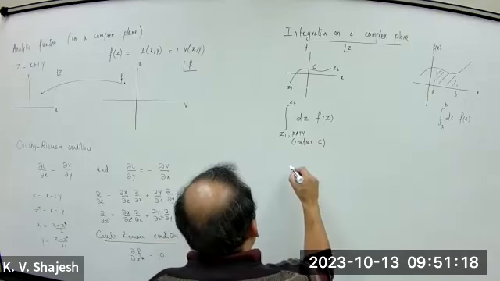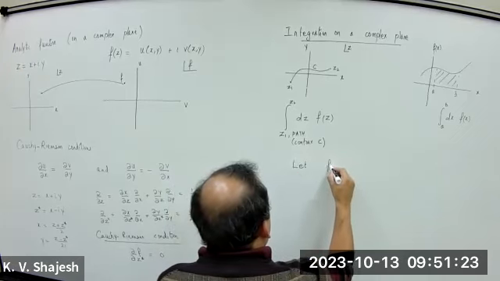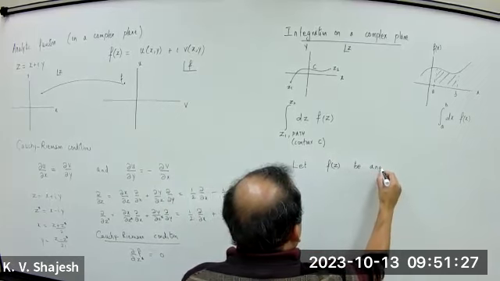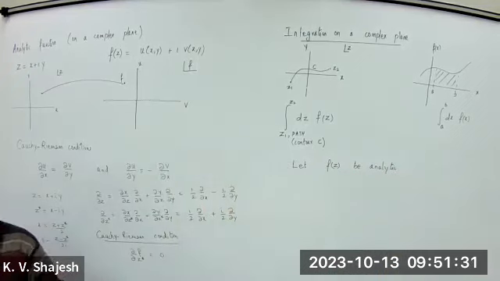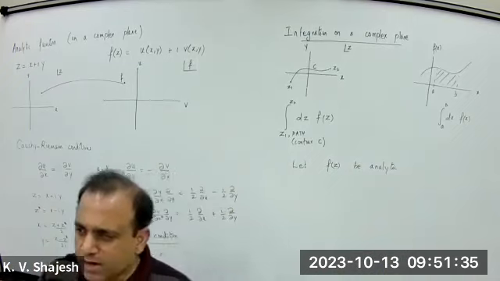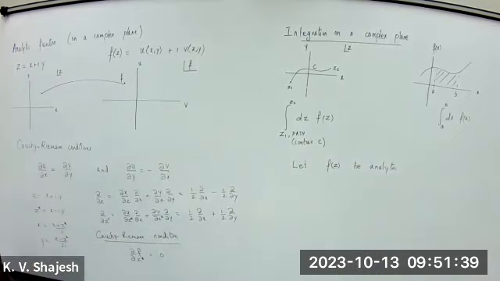So let's assume that f of z is analytic. And whenever we say analytic, it is analytic in a region. It might be analytic on one half of the plane, but it may not be analytic on the other side of the plane, or it may not be analytic at a point.